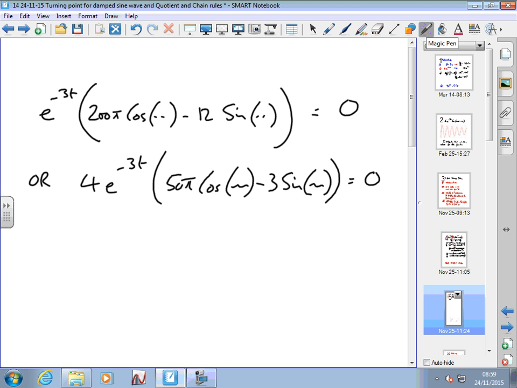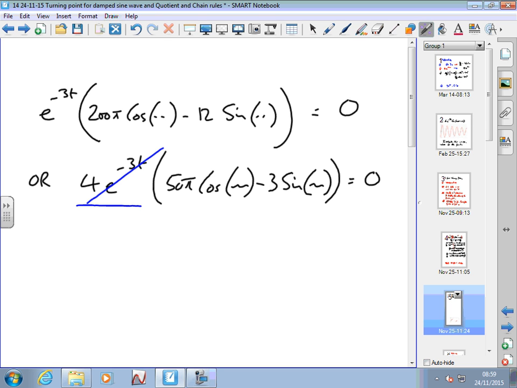So now comes the bit that's going to make things a bit easy for us. Because this is 0, I can divide or multiply this side by anything I like, and it'll always be 0. So why not divide this by 4 times e to the minus 3t? Because if I divide this side by 4e to the minus 3t, it goes.